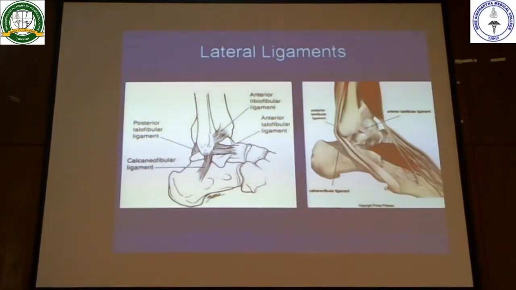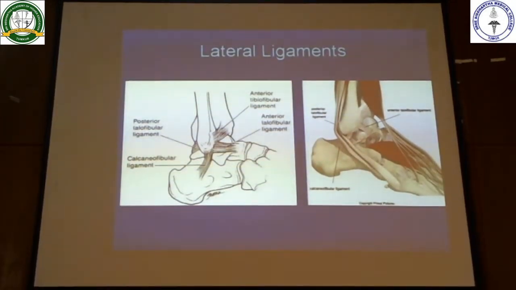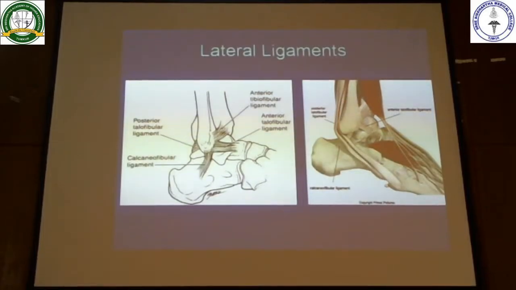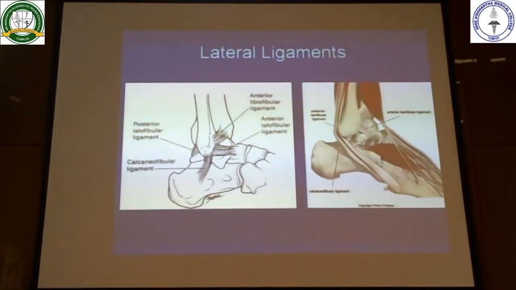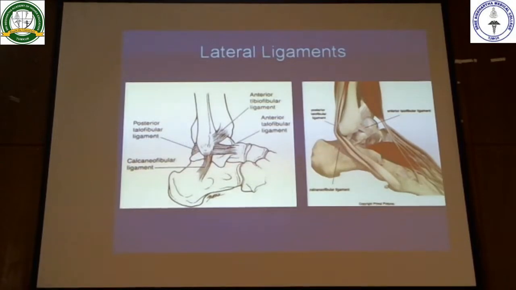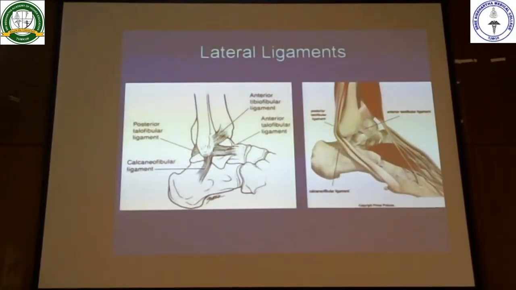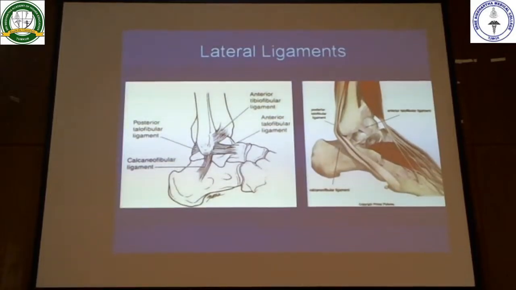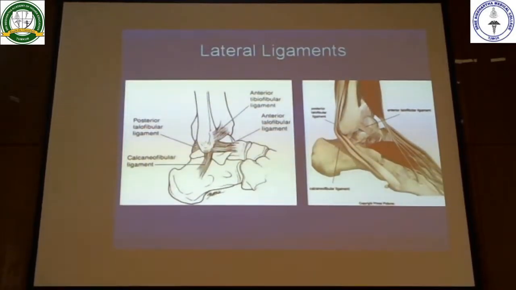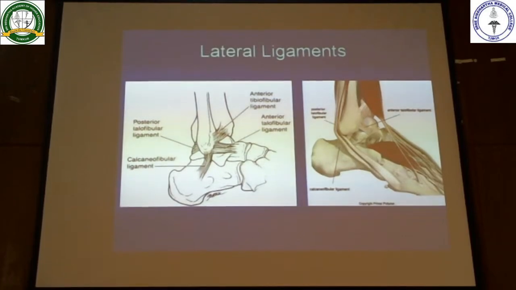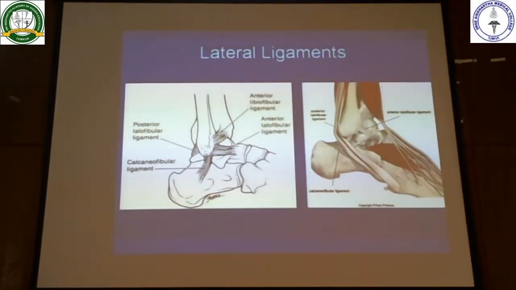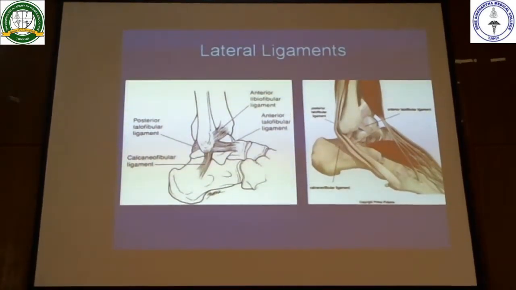That is the reason why the ligaments around the ankle joint become very important, because not only are the bones prone to fracture, but the ligaments are very prone to development of ligament injuries. You might have seen in your daily life, among your friends or yourselves, very common ligament injuries around the ankle joint. So in that sense, ligaments are quite important.